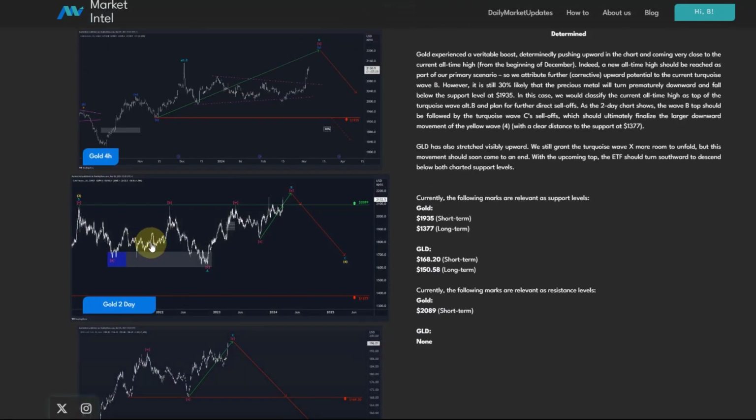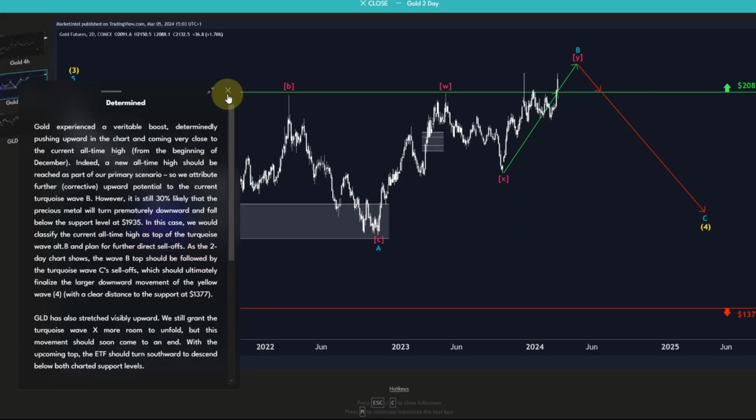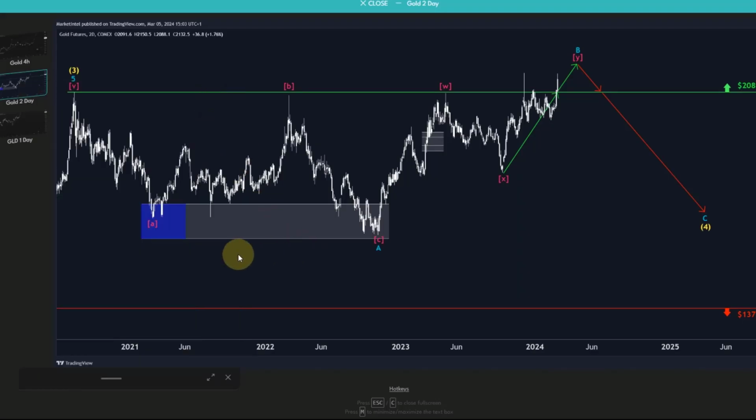So let's talk about the 2-day chart, which is our long-term gold chart here, which shows the movements basically since 2020. The idea is still very much that we are here in this B-wave correction within a wave 4. So we talked about that in the last update, that a third wave topped here in yellow in 2020 at $2,089.